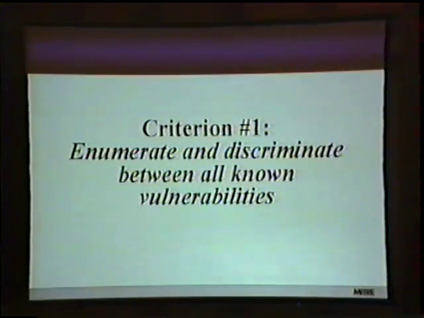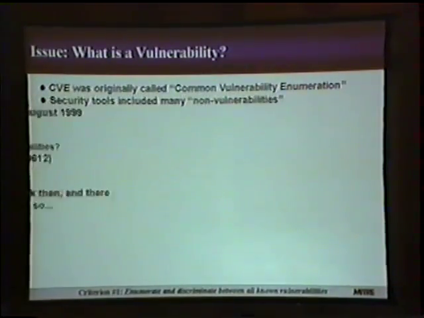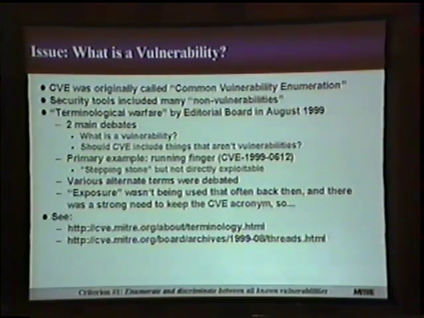So let's look at a little bit more detail at criterion 1, list and discriminate between all known vulnerabilities. Well, one issue that crept up pretty early on was, well, what's a vulnerability in the first place? And while the common vulnerabilities and exposures name that it has today is kind of clunky, once upon a time it used to be called common vulnerability enumeration.